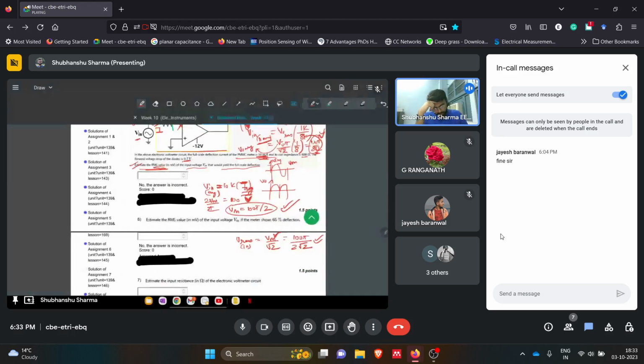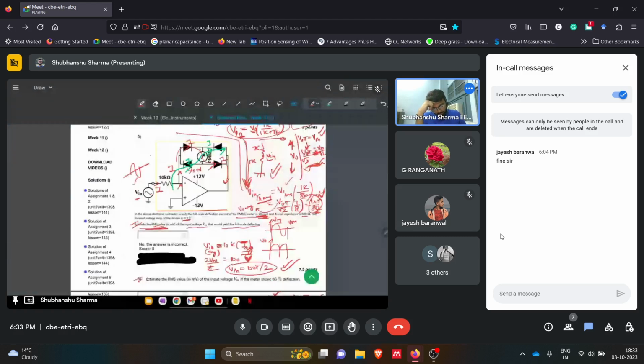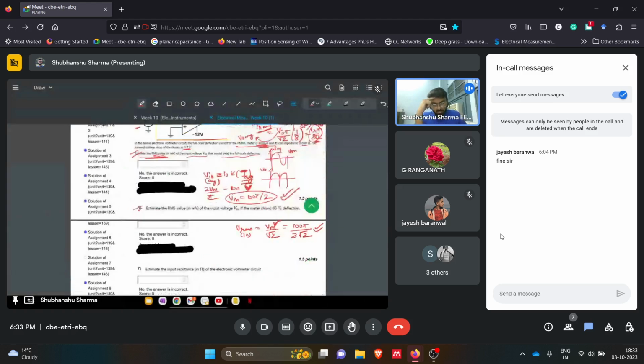Then the next part, the sixth question, which is the extended question. They are saying estimate the RMS value of the input voltage V in if the meter shows 65% deflection. So instead of 10 milliamperes, it is 65% deflecting.